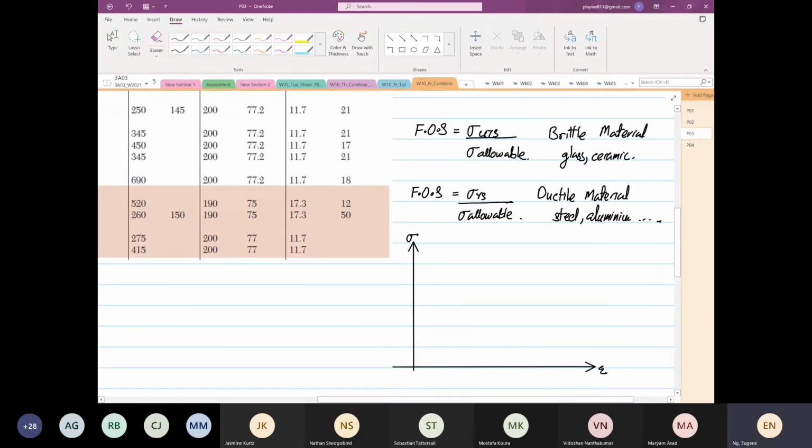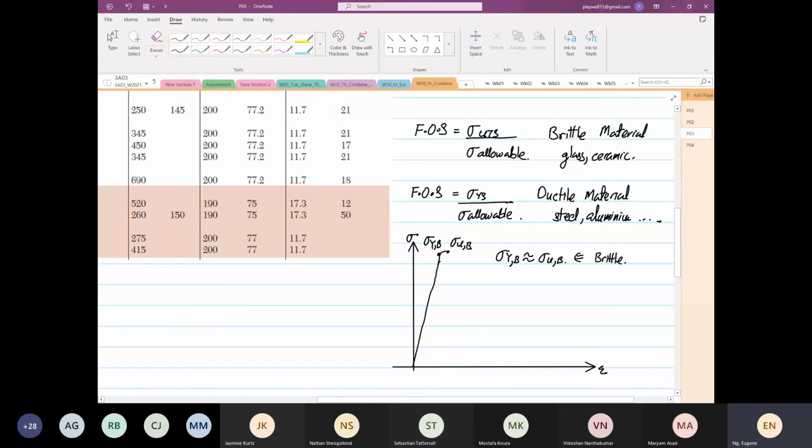So what Jasmine says, this is for brittle material. It goes straight and then it fractures. So this is your yield for brittle, your ultimate for brittle. What you see from here is the yield for brittle is very similar to your ultimate for brittle material.